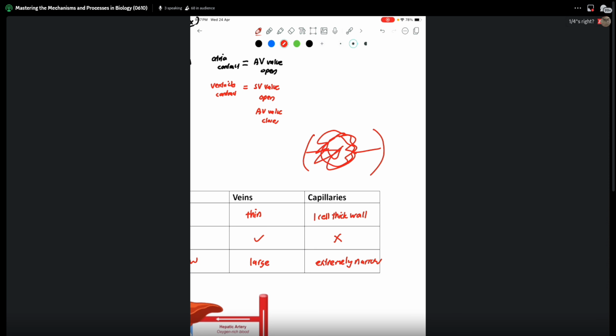They just need a very small lumen because they undergo zero pressure, and only need to transport from one side to another. The capillary is important for respiration of the tissues. So that's pretty much it.